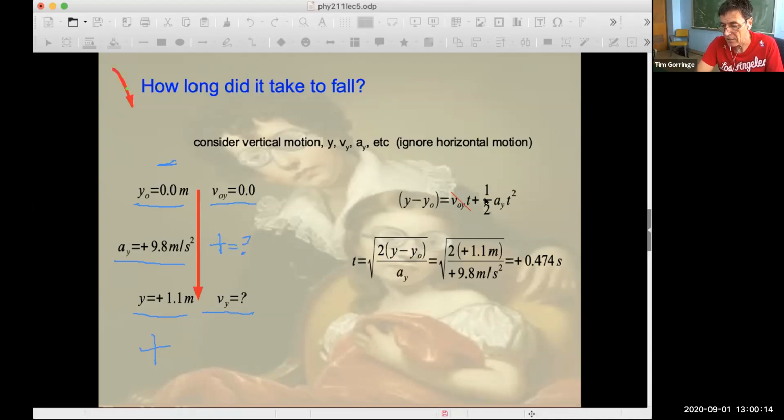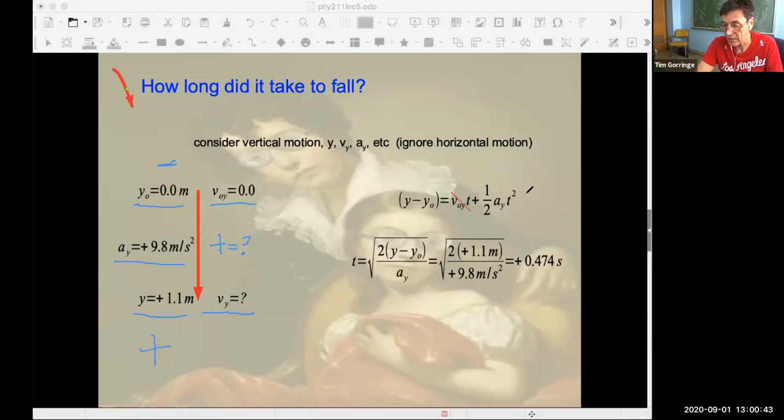And this equation here that tells you the displacement of an object under constant acceleration is the one that can help me. Because I know the displacement, I know the initial velocity was 0, which makes things simple. I know the acceleration, it's the acceleration of gravity. The only thing in that equation I don't know is the time taken. And so I can use that equation to solve for the time taken.